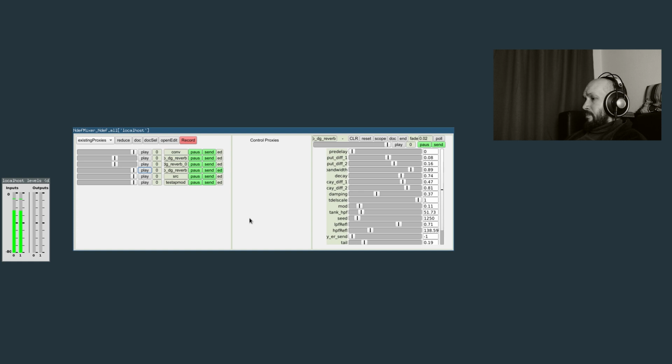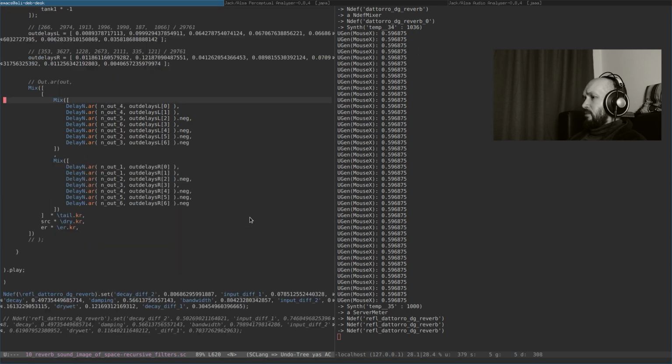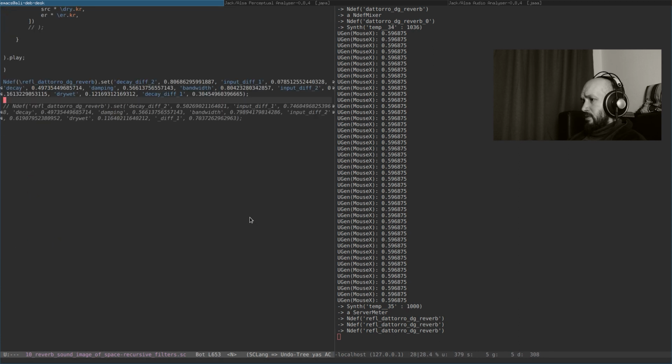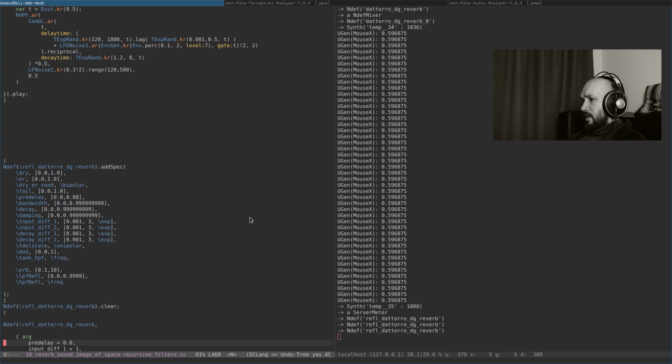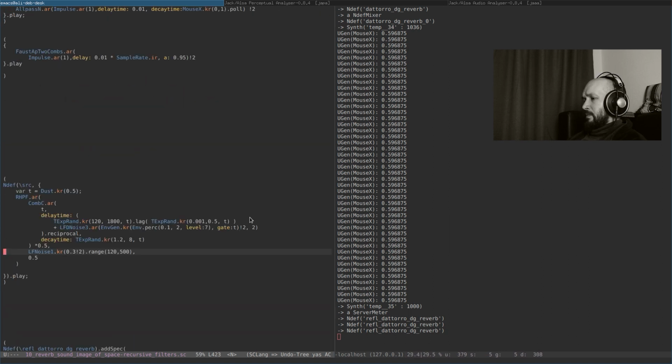And yeah, the last thing I wanted to do is to take a listen to how this sounds with a synthetic input, with this very small example.